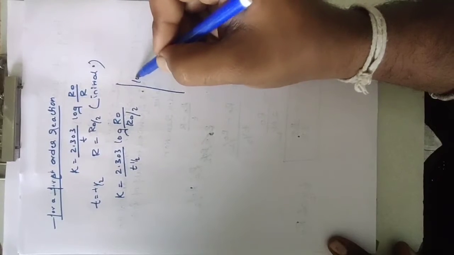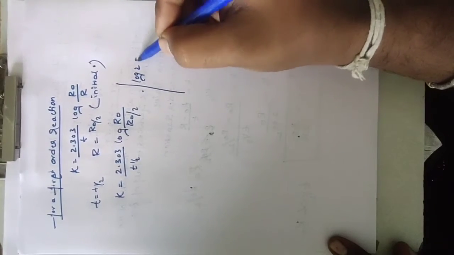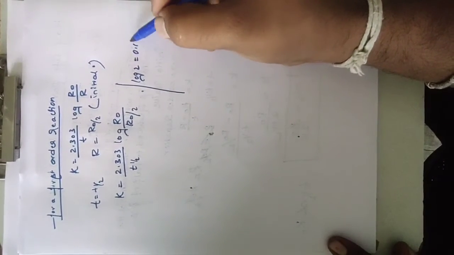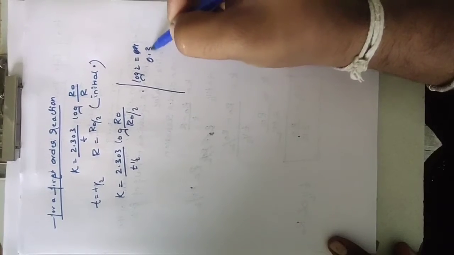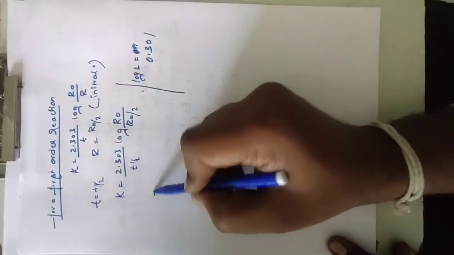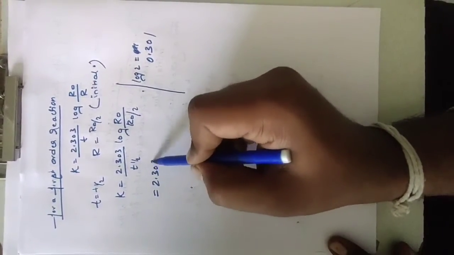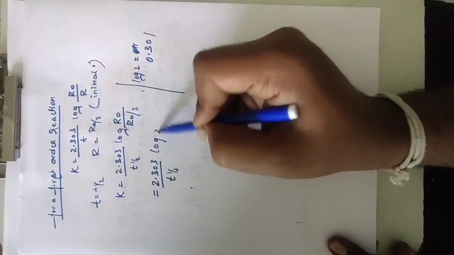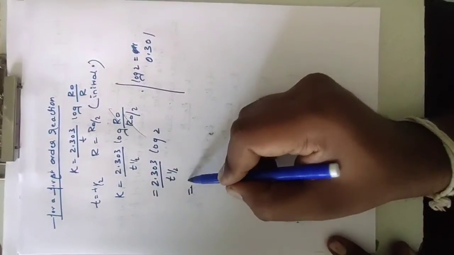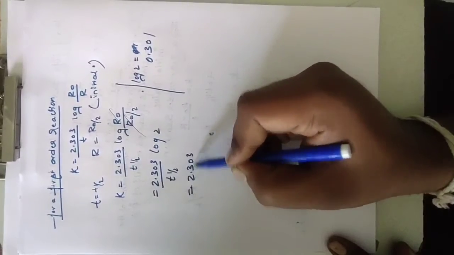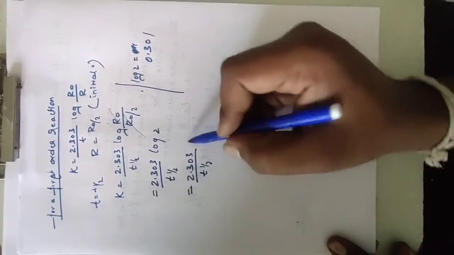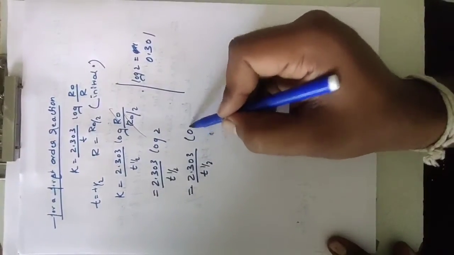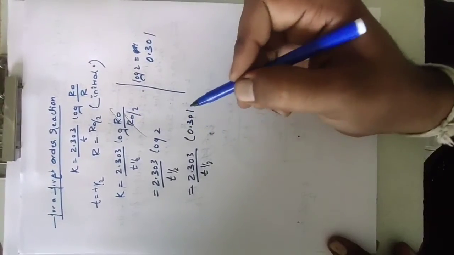If r naught cancels, overall we get 2.303 by t of log 2, and the value of log 2 is 0.301.